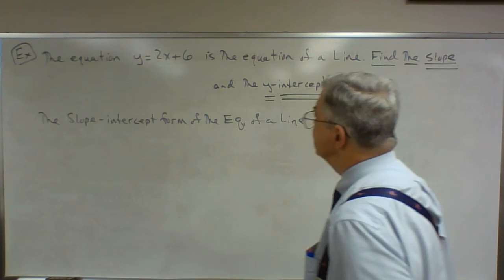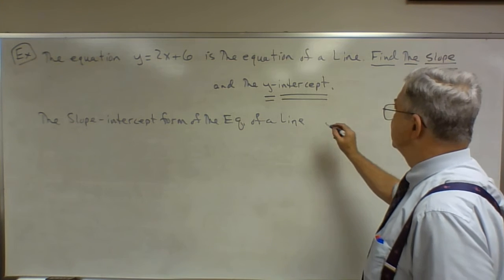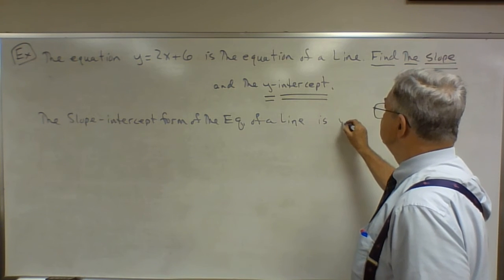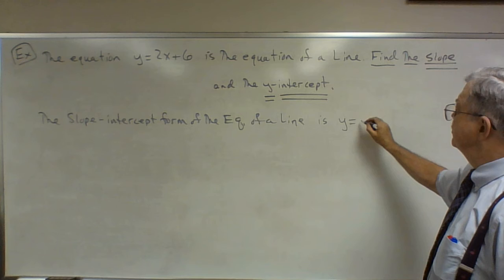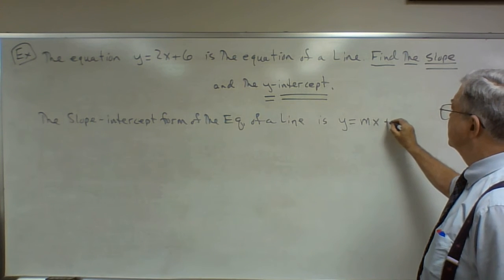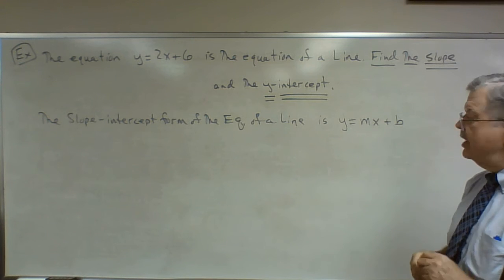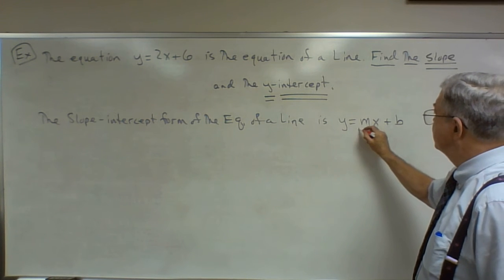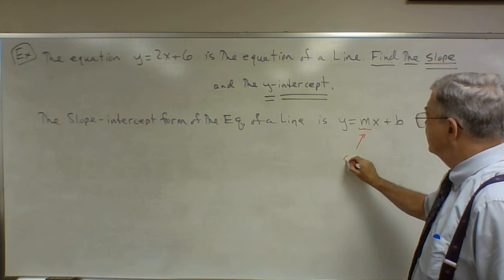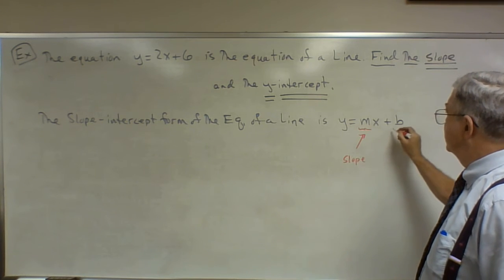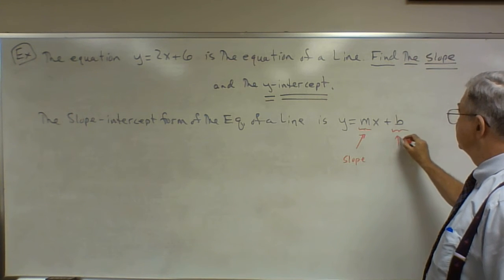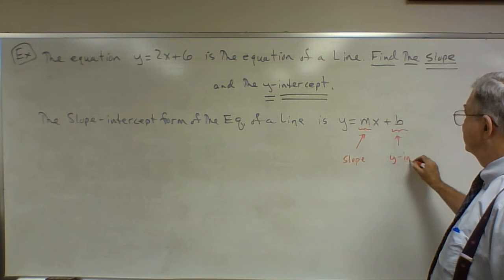The slope-intercept form of the equation of a line is y equals mx plus b. And m represents the slope. And b represents the y-intercept.